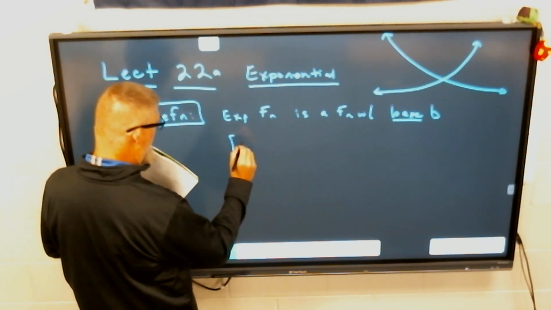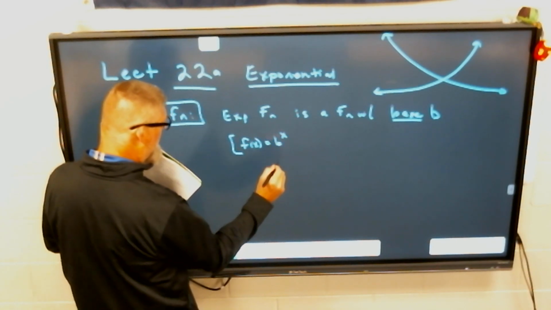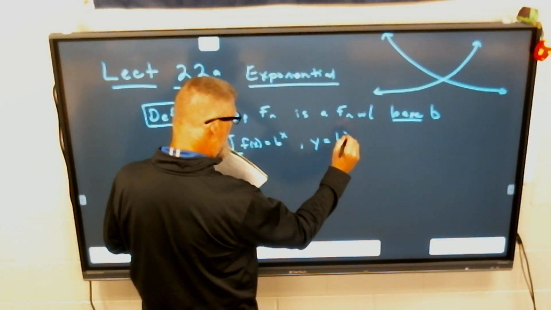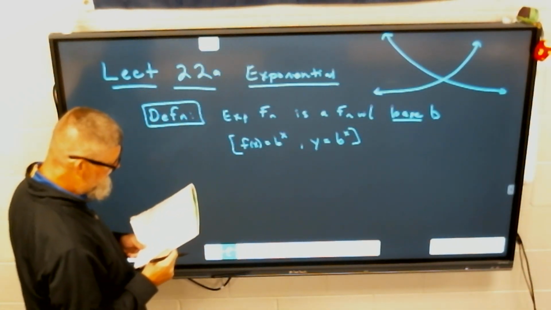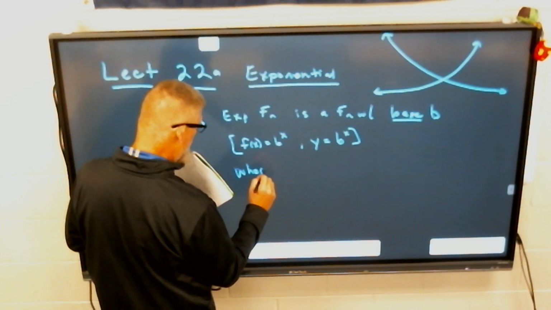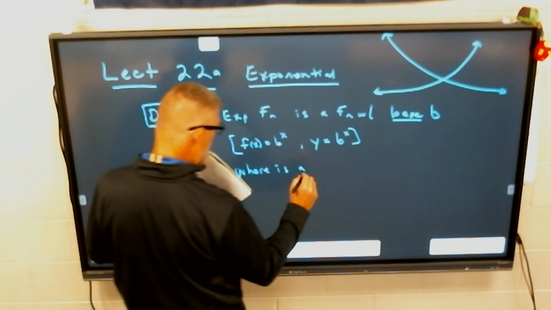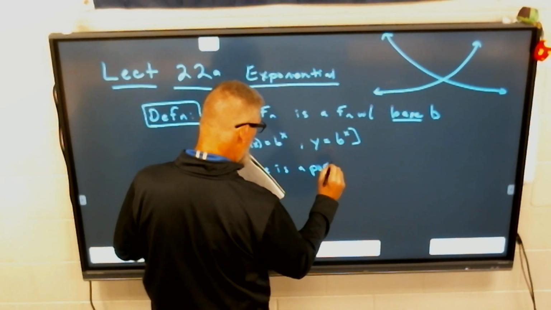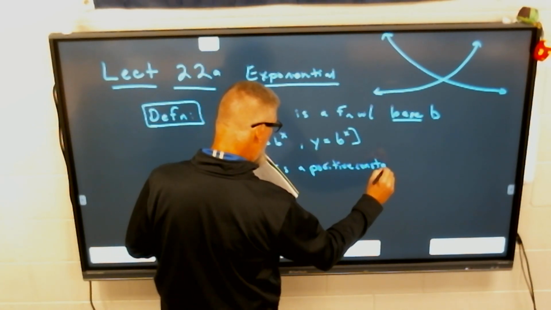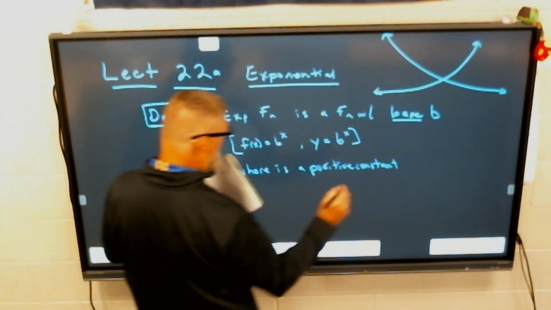It's going to look something like f of x equals b to the x power, or sometimes we could write it as y equals b to the x power, where b is a positive constant other than 1.